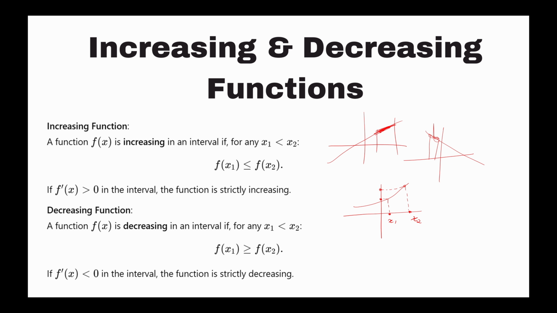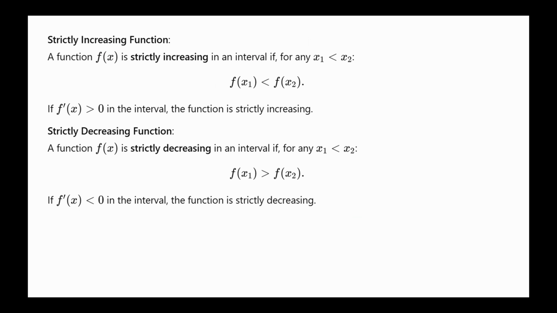Whether I take x1 and x2 at any points on the x-axis, if that is the case, then I can say that my function is increasing. And for decreasing, the same thing becomes reverse. For x2 being greater than x1, my f of x1 will be greater than f of x2. So this is my increasing and decreasing functions.